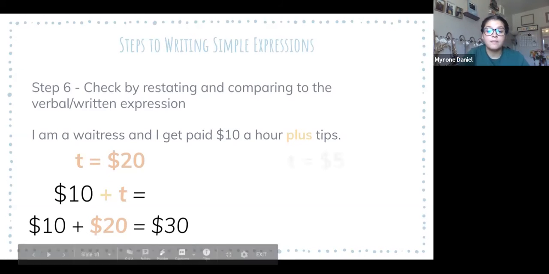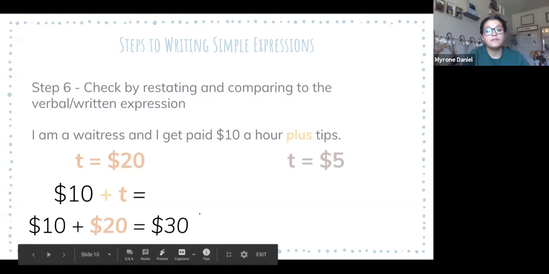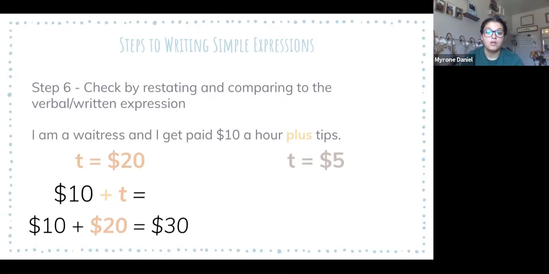So now what if I made $5 in tips for that hour? Pause the video. I want you to look at this example on the left, and rewrite that expression so you have an expression for the verbal expression that we have up here. Okay, now that you've written your expression, you should have gotten something like this.